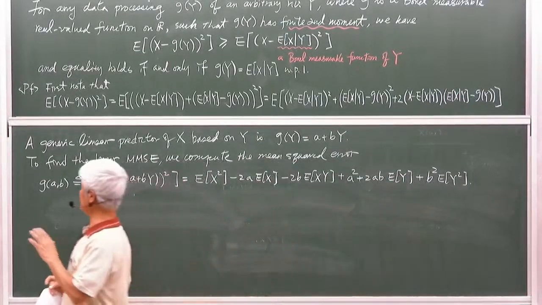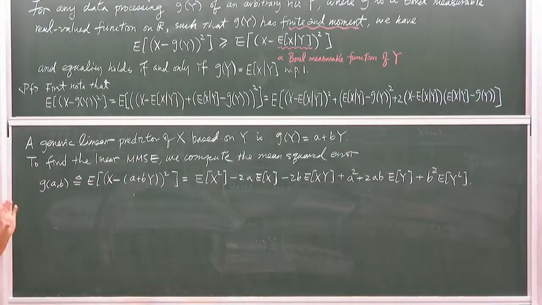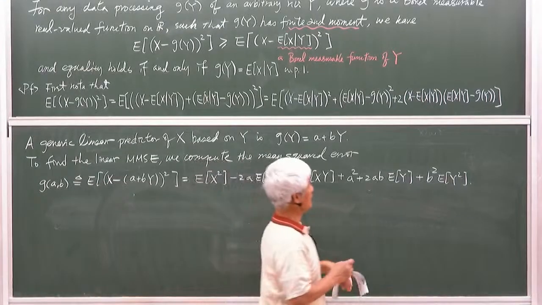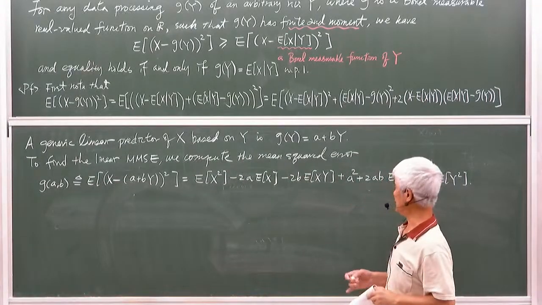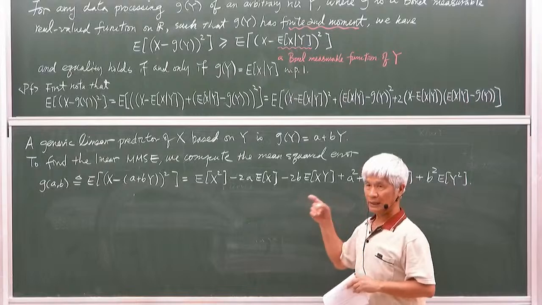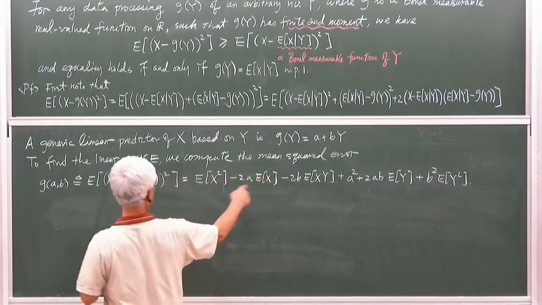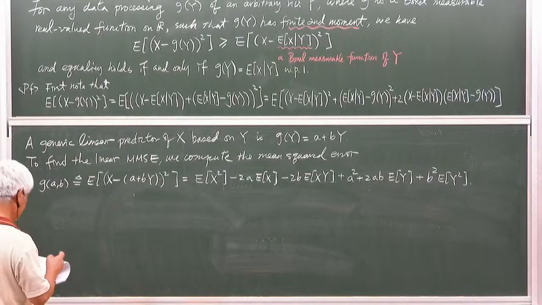So in the study of the linear MMSE predictor, we require that X and Y have second moments. Because of that, the product XY has finite expectation, so everything is fine here.